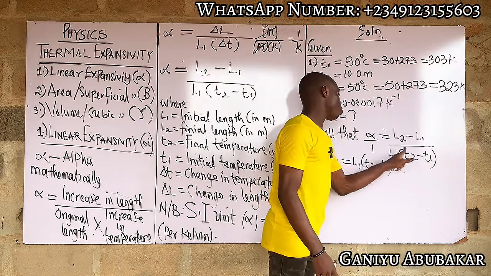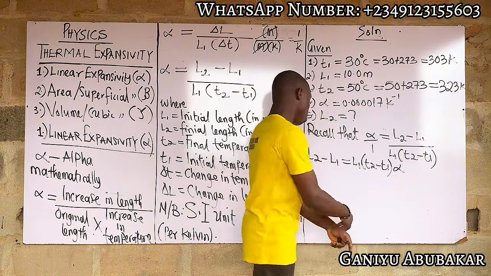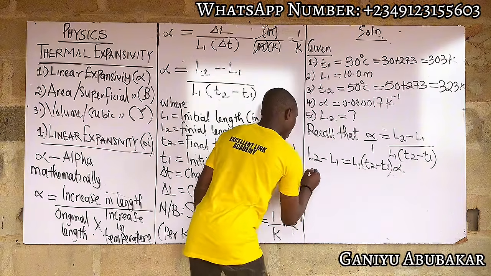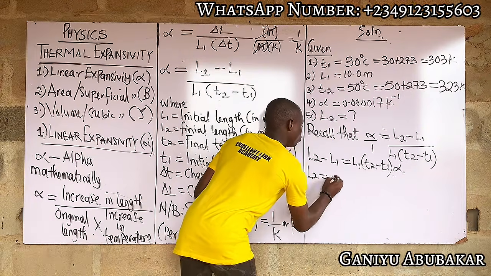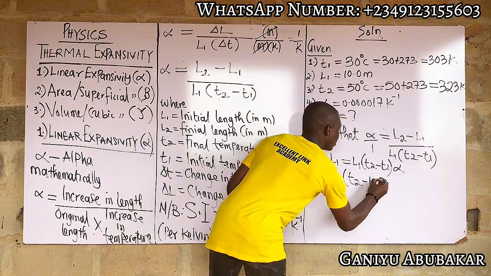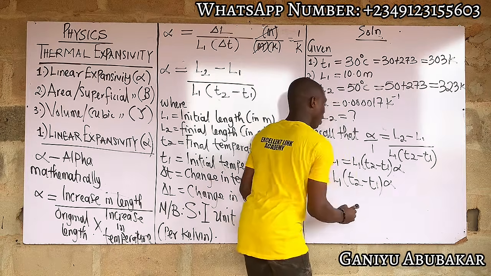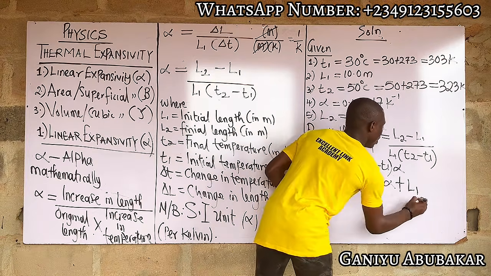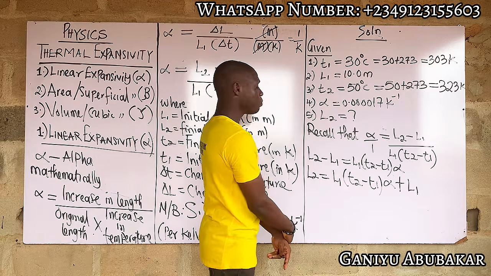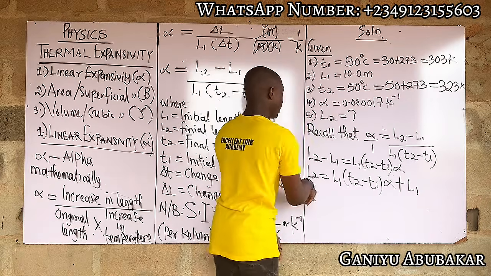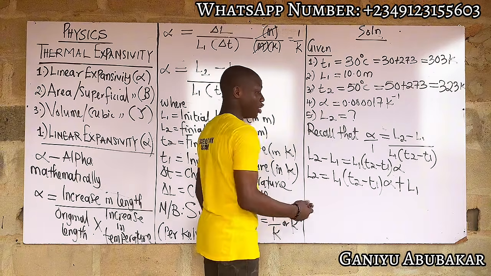I want to make L2 the subject, so I have L2 equal to L1 into T2 minus T1, then alpha, then minus L1 becomes plus L1. At this point now, I can easily input my values here and get L2 as the new length.